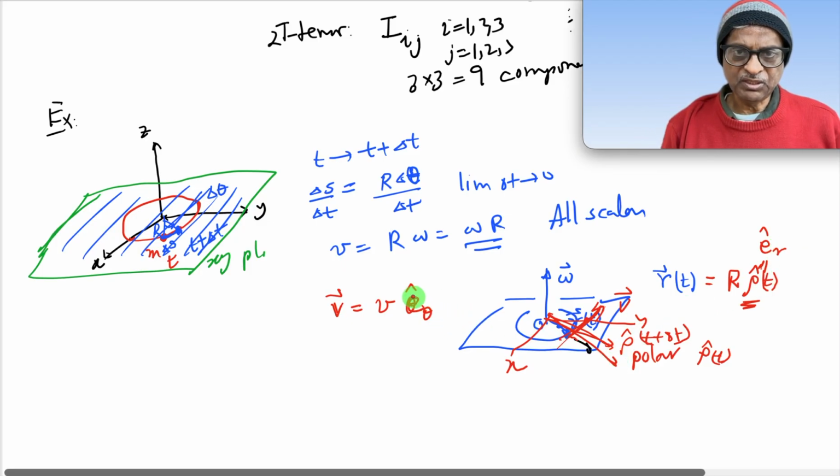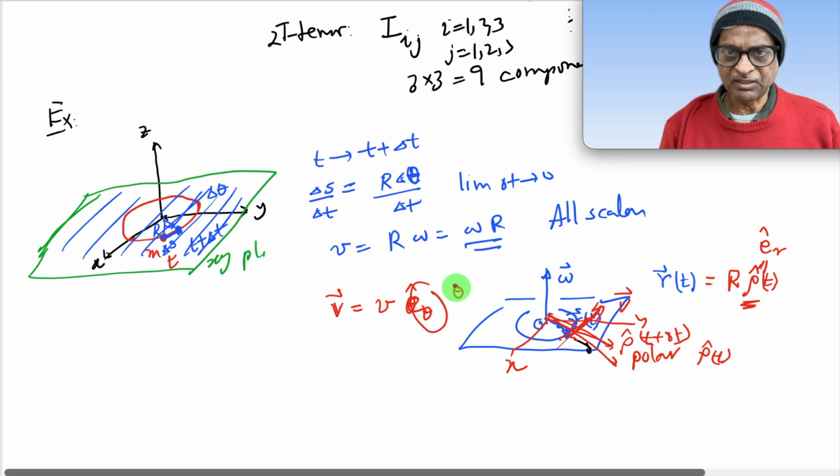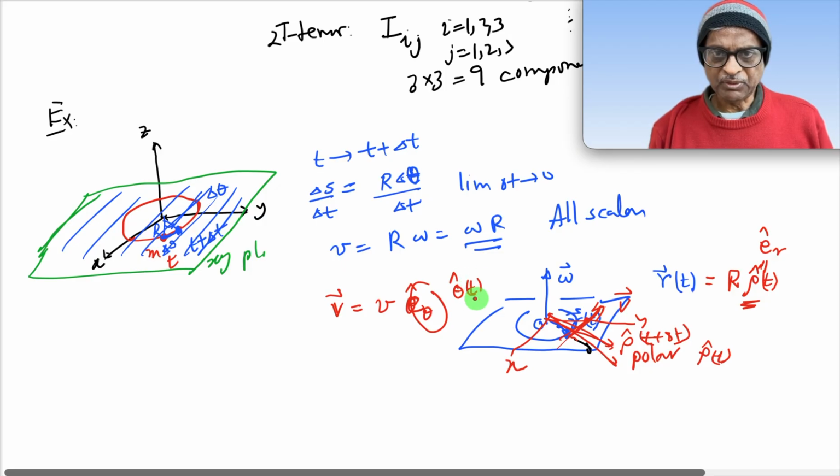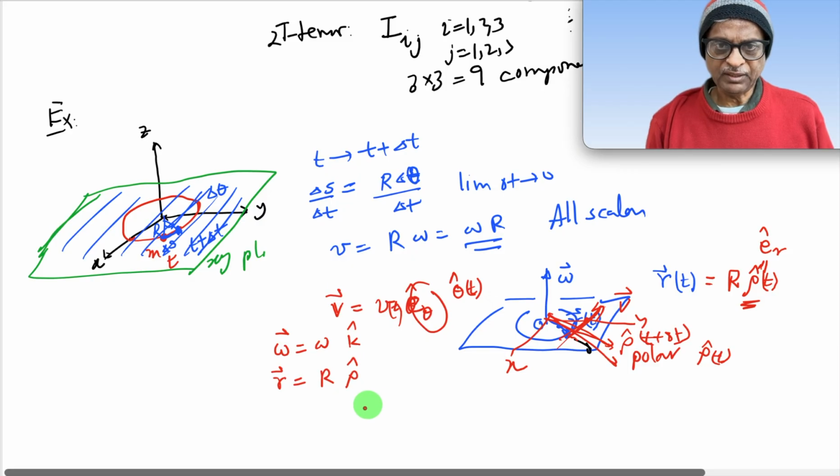This one can simply be written as the theta hat direction. These are unit vectors, so they also depend on time, and the speed can also depend on time if the speed is changing. So the v is like that. And so omega will be some omega k hat, and r will be r rho hat, and v is v theta hat.